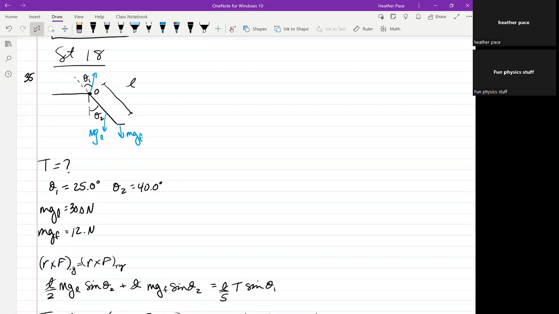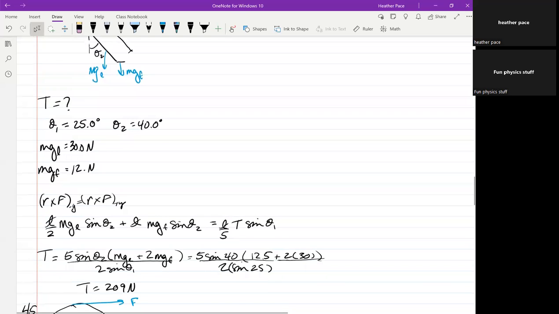Really what we've got is the force of gravity that we are assuming for the leg is at the center. I'm sorry, not the center, 1/5 of the way down the leg, they're saying. We have the foot having its own weight. And then we have theta 1 and theta 2.